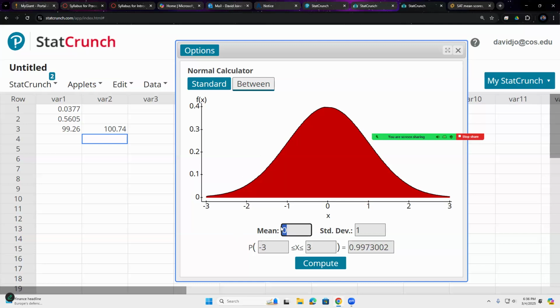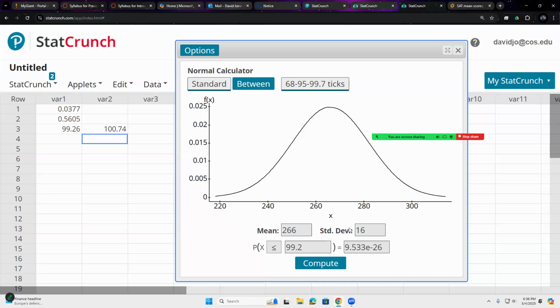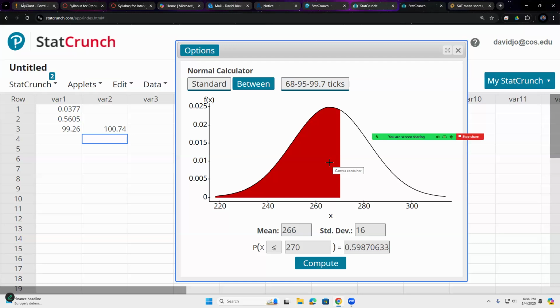All right, then we have the one with the mean of 266 and standard deviation of 16, our human gestation period. And we wanted, what percentage of babies take more than 270 days? If I put this in, that doesn't look like it's shading more. Does it?